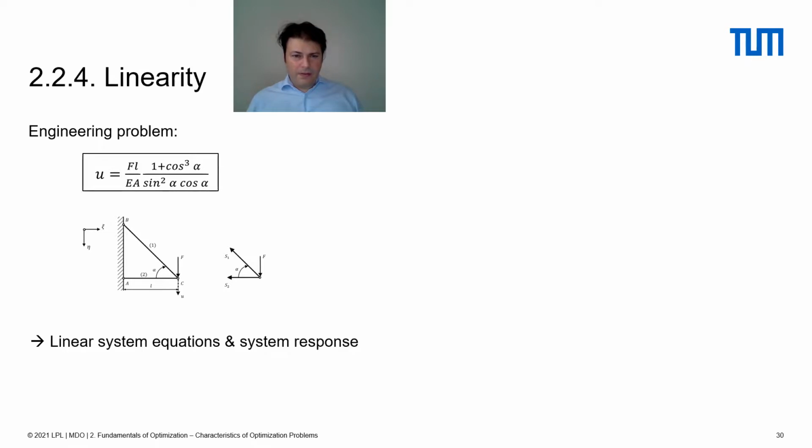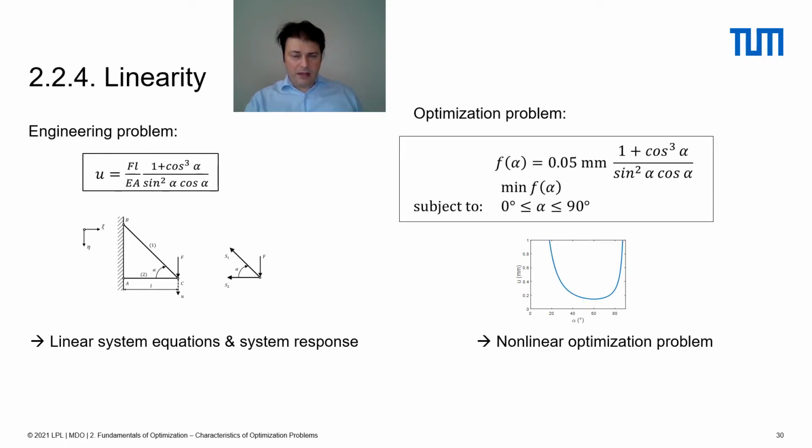So when we look again at the 2-bar truss problem, we can make an important observation concerning linearity. The 2-bar truss problem was a problem governed by linear system equations. And the response of the system is linear with respect to loads, for example.